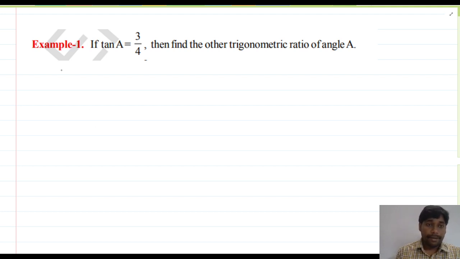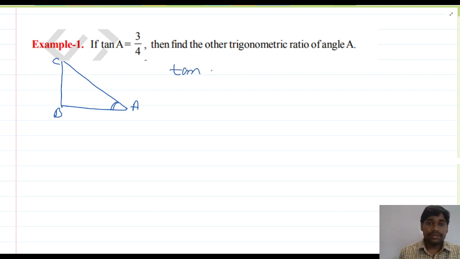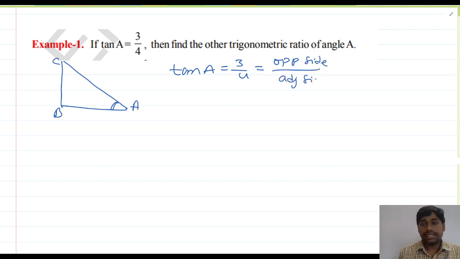So if you take any triangle, let us take this as A, this is B, and this is C. So this is angle A now. What is given here? Tan A is equal to 3 by 4, which means opposite side by adjacent side.